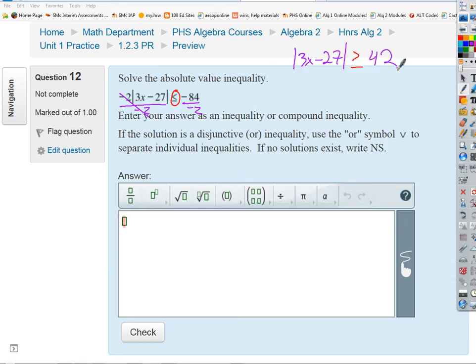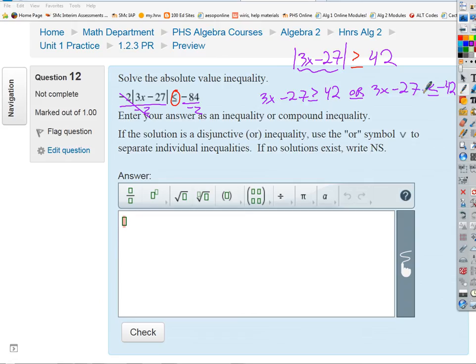So now we can make our trade. Whatever's inside is either going to be greater than or equal to positive 42, or what's inside is going to be less than or equal to negative 42.